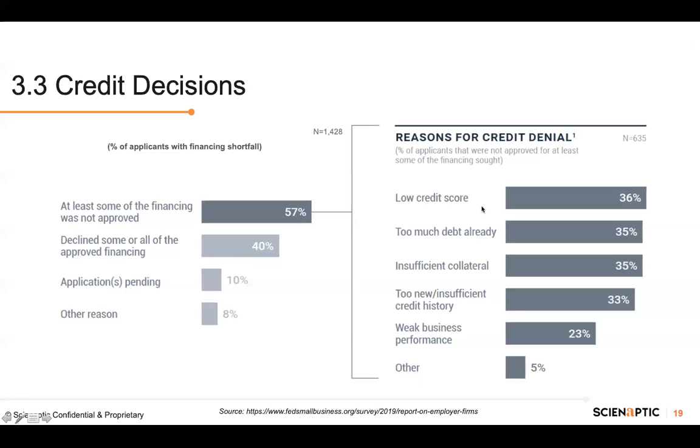Another noteworthy factor here is the low credit score. Now, as I mentioned, the majority of financial institutions rely on a single score generated by FICO on the consumer side, or a D&B score coming out of the commercial side.